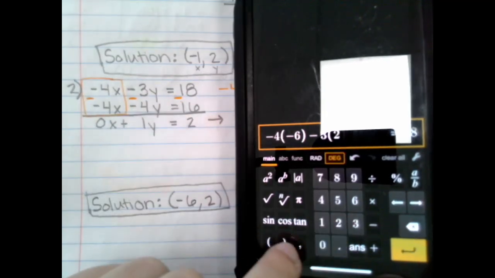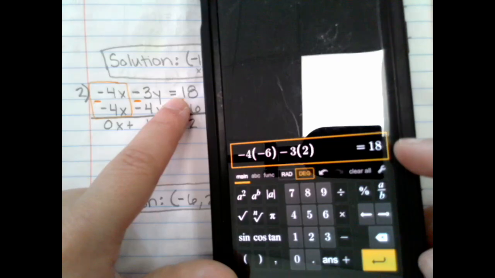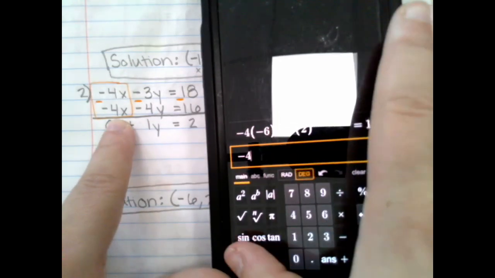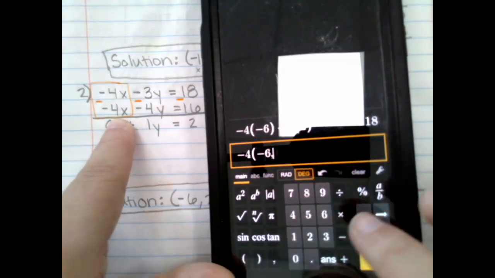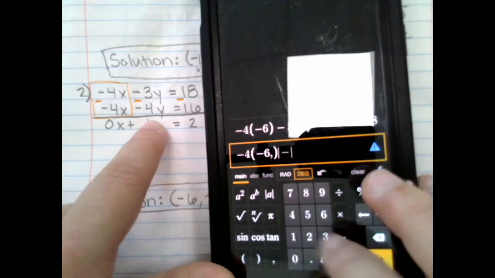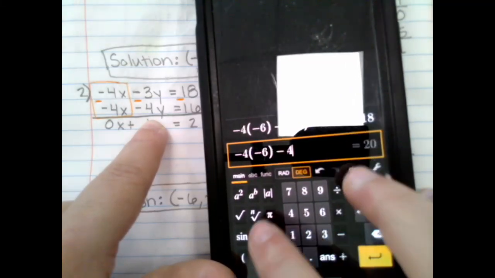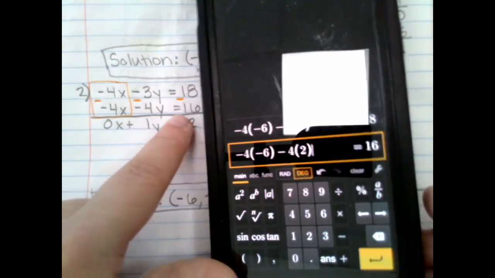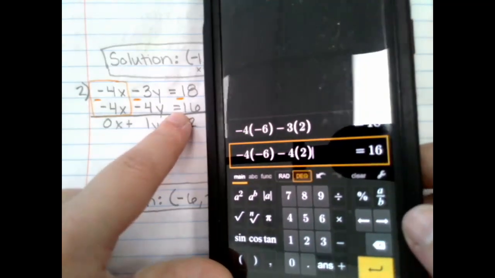And we wanted that top equation to equal 18. Does it equal 18? Yep. Okay, bottom equation, negative 4 times, what's our x? Negative 6 minus 4 times 2, and we want it to equal 16. Did it? Yeah, my calculator's a little fuzzy today, I don't know why.